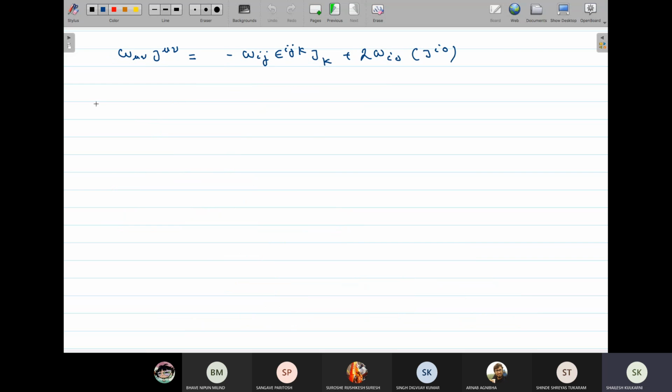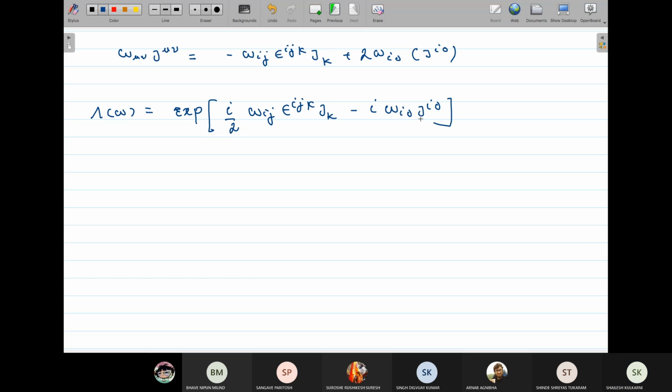So your Lorentz transformation will be exponential of minus i by 2, so it will be plus i by 2 omega ij epsilon ijk jk, minus i, the 2 will cancel, omega i0 ji0.